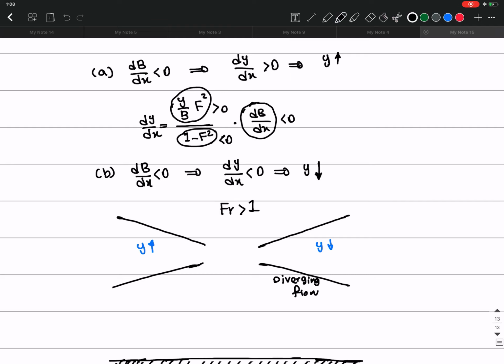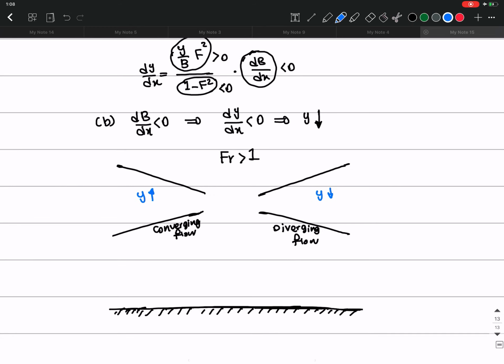So this is converging flow and diverging flow. So what's going to happen is as follows. So we have y1 here. So the depth should increase until we get here to the throat. So this is y2.